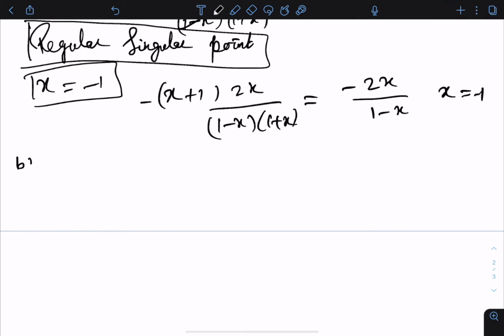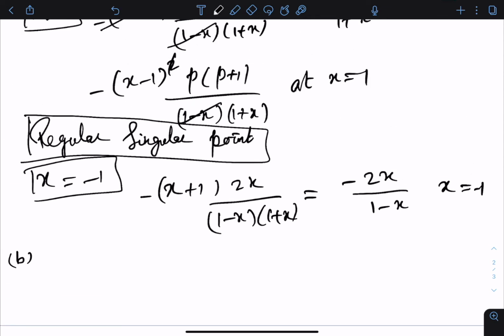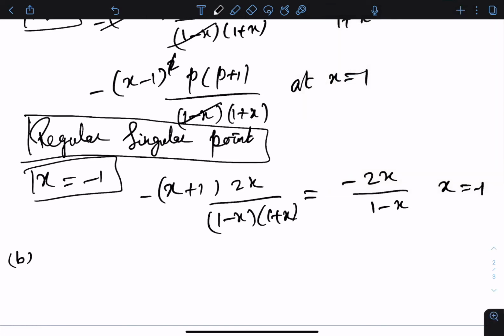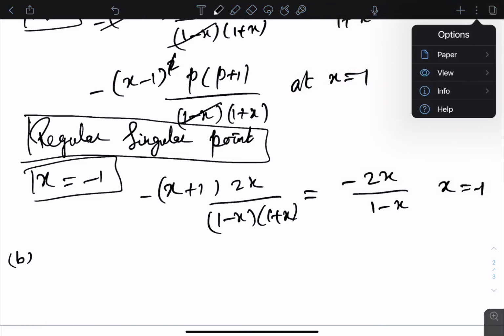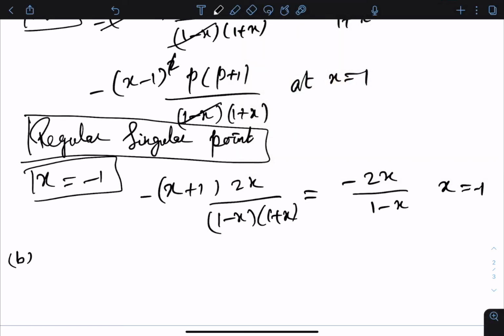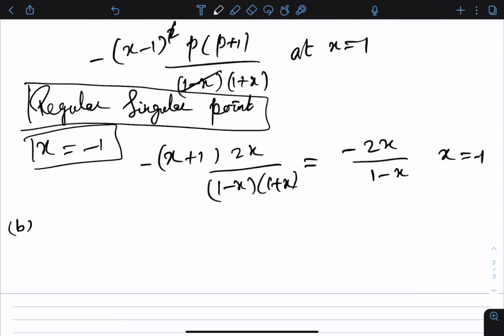So let's look at B. What we need to do is start with the power series form.